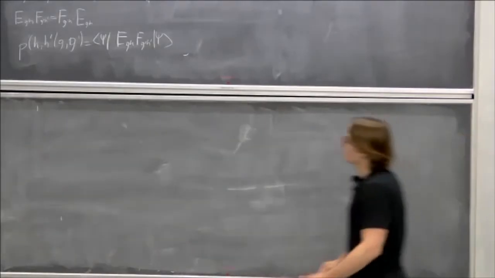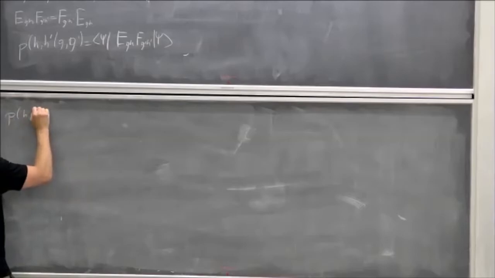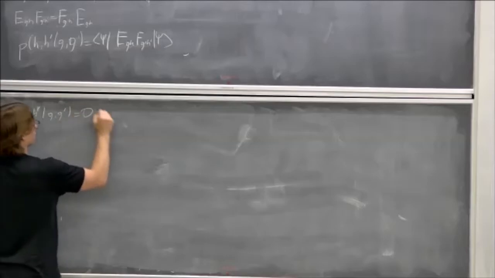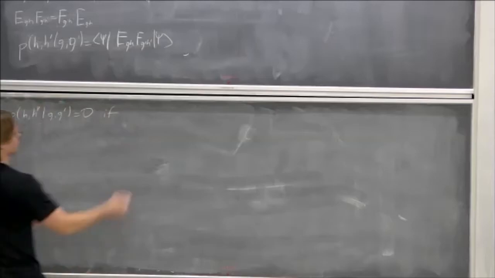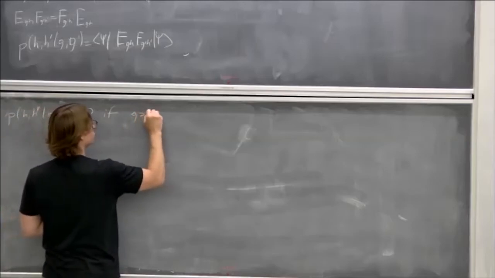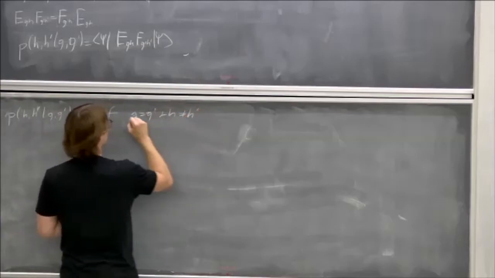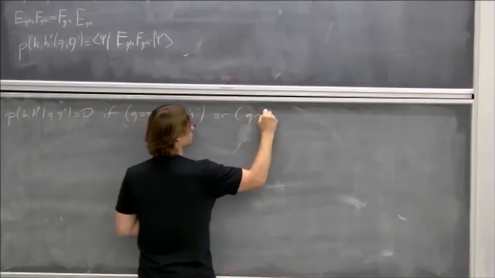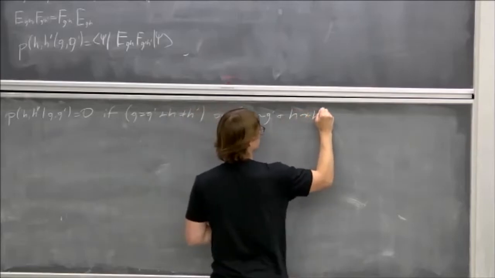So that means we want this P of h, h prime given g, g prime to equal 0 if we would lose on these answers for these questions. Meaning if g equals g prime and h is not equal to h prime, or g is adjacent to g prime and h is not adjacent to h prime.